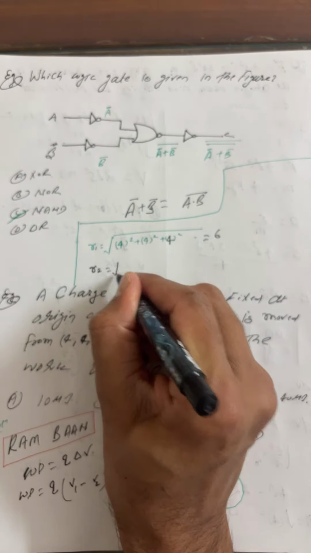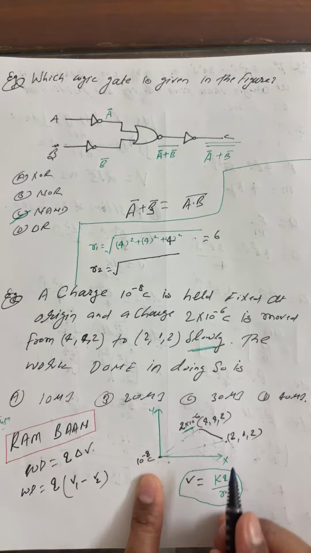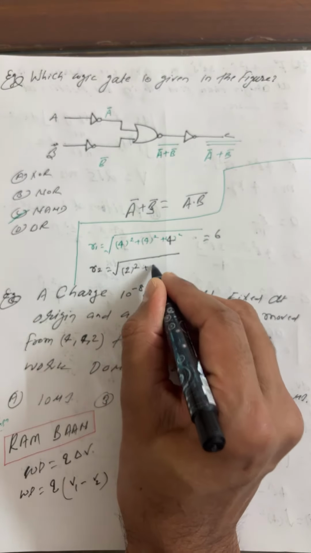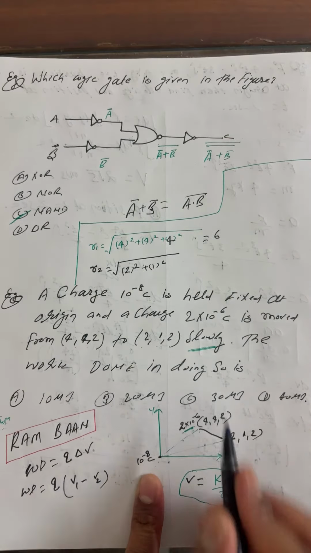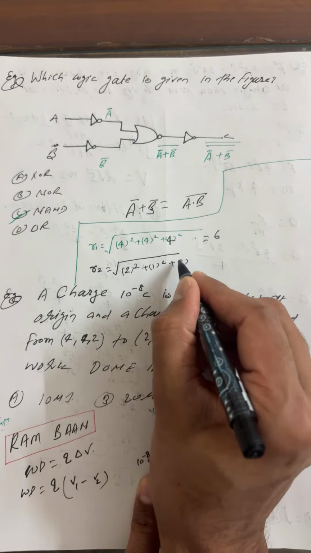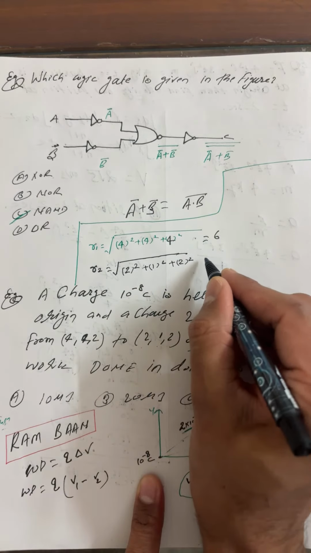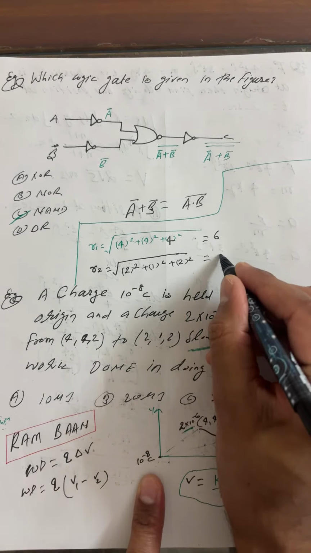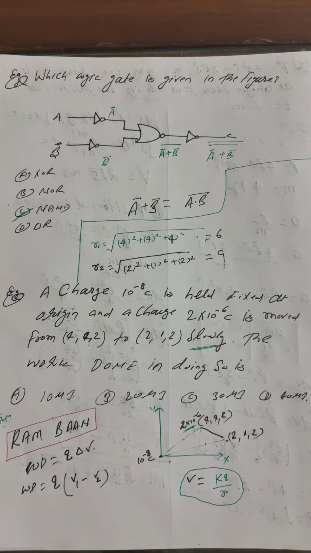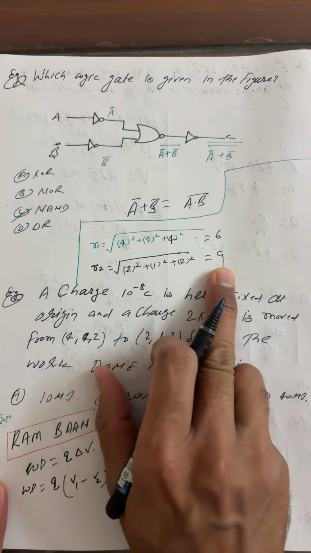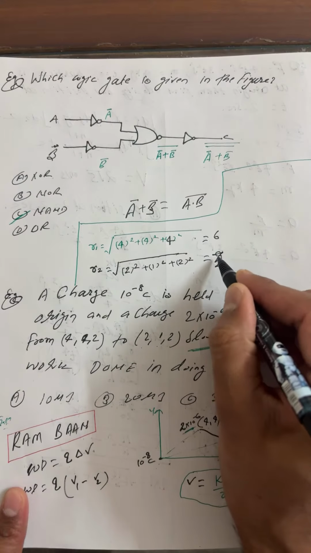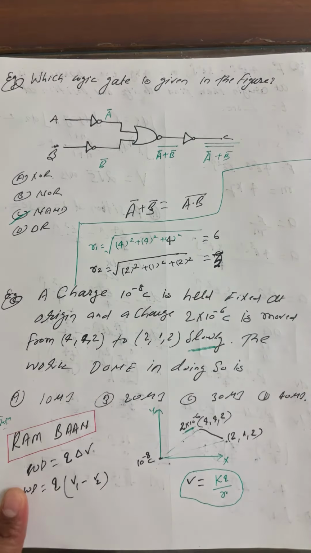Student, you can apply the same thing: 2 squared plus 1 squared plus 2 squared. Finally 4 plus 1 plus 4 is 9. This is 3. So R1 is 6, R2 is 3. I said 3 but I wrote 9.